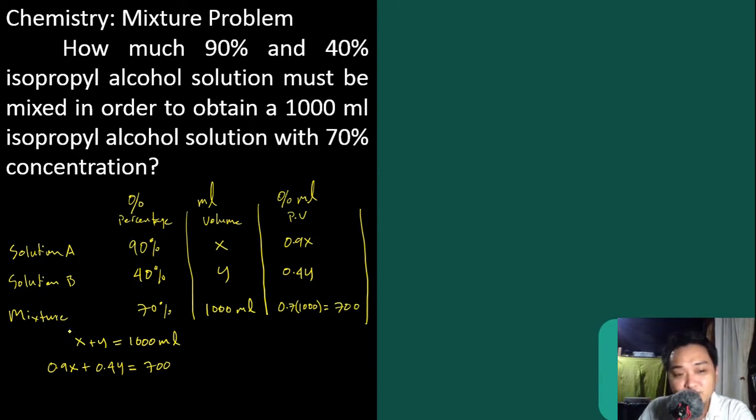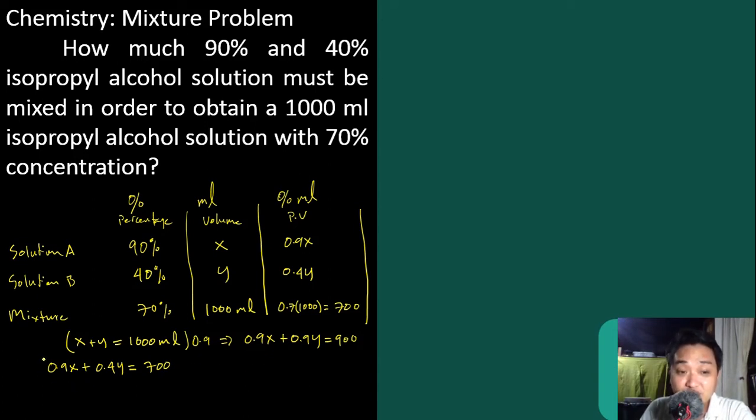So here, we want to multiply this by 0.9. So the output will be 0.9 X plus 0.9 Y is equivalent to 0.9 times 1,000, which is actually 900. Okay, sa baba naman, hindi pa rin yan makakancel. Ito at saka ito, hindi pa makakancel kung hindi sila opposite sign.